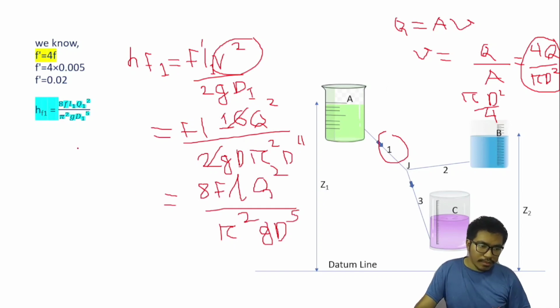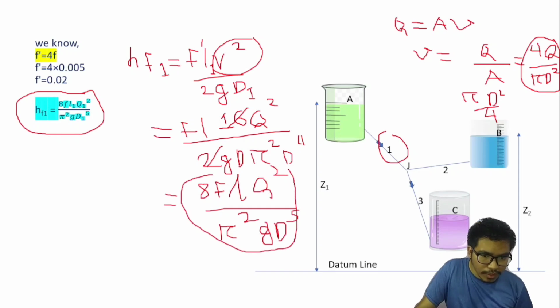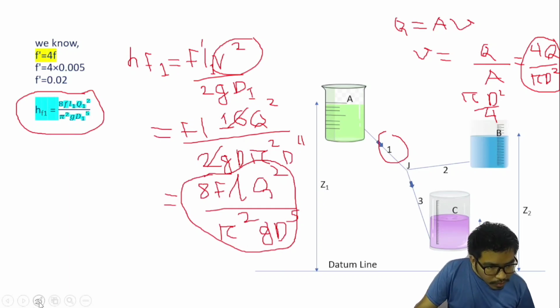So we derived this. Yes, hf1 equals 8 f L Q square upon pi square g d raised to power 5.